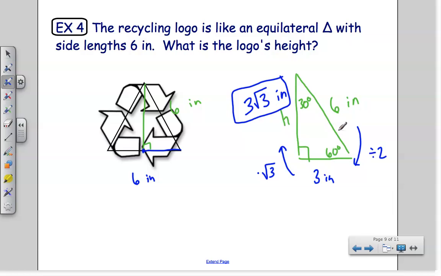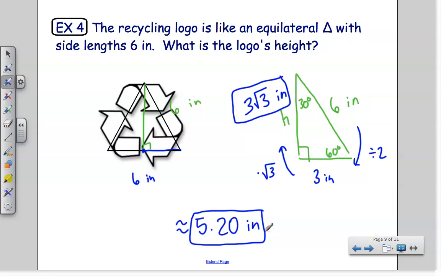You know what though, since it is a real-life problem, it might be nice to get an actual decimal answer, so I'd like to know what 3 square root of 3 is. I'm going to put that in the calculator. And I'm getting approximately, because I know this is going to be rounded here, 5.196, so actually 5.20 accurate to 2 decimal places. And there we have it.